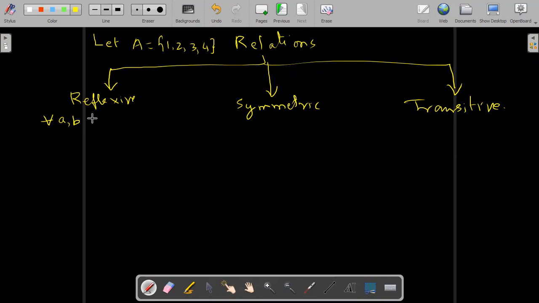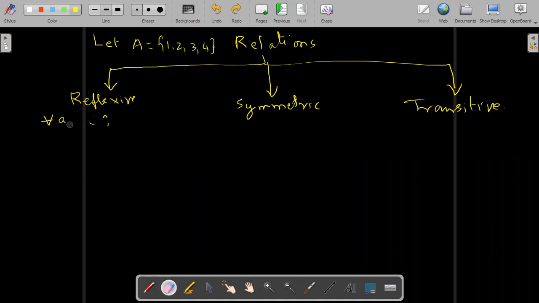In a reflexive relation, for all a, b belongs to A, but here we will take only a, because it should not be different elements.